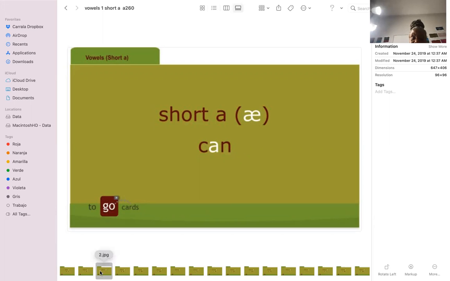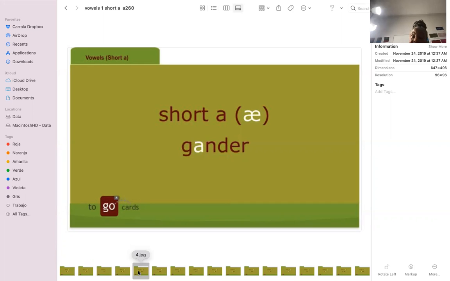Notice the pronunciation, and if I were to put an E at the last part of the word, it would be cane, but there is no E, so the pronunciation changes completely. Can, stand.